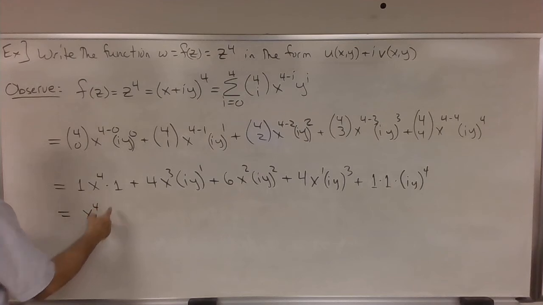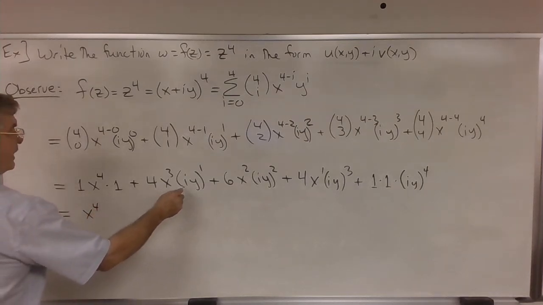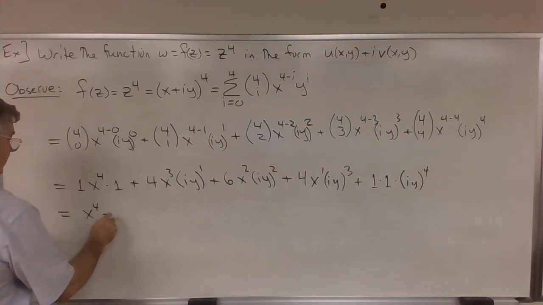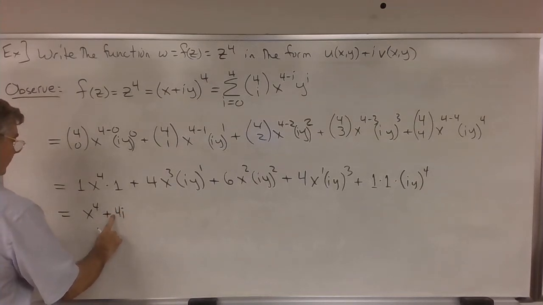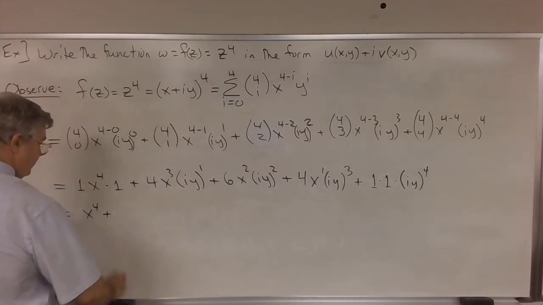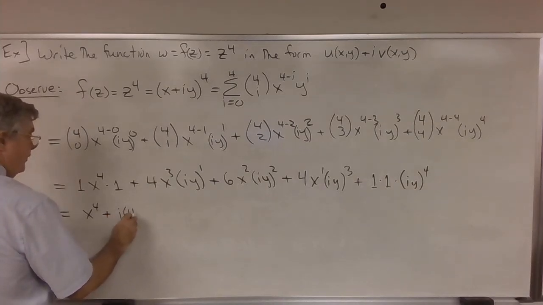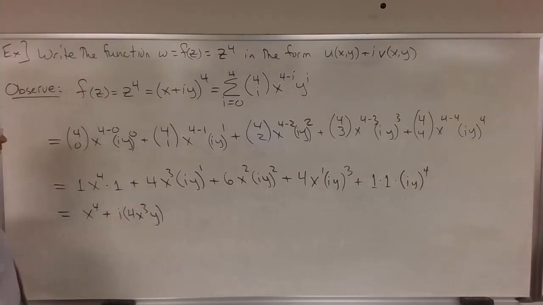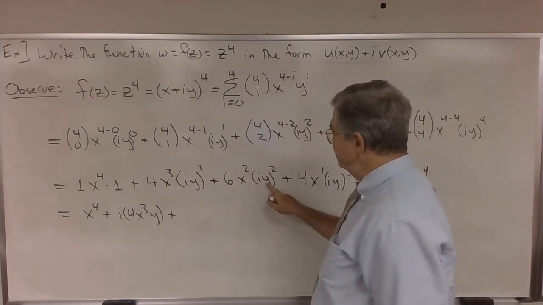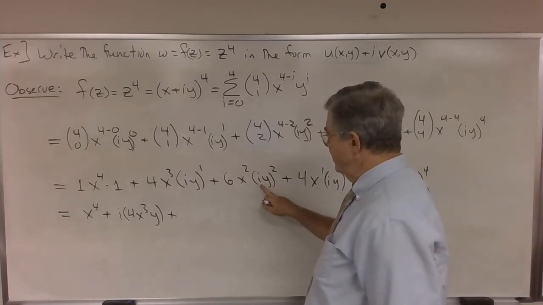So we have x to the fourth, and we have i times 4x cubed y. We have i squared times y squared. i squared is negative 1.